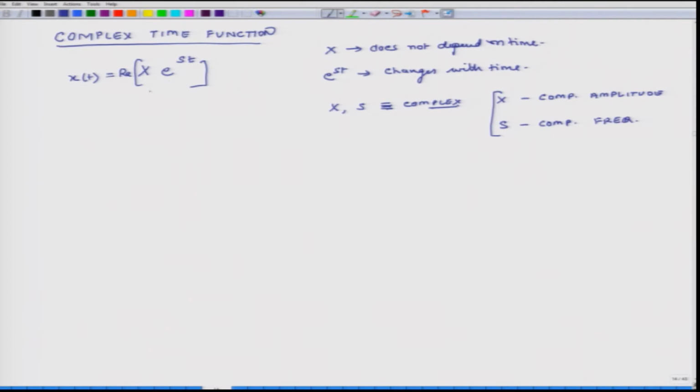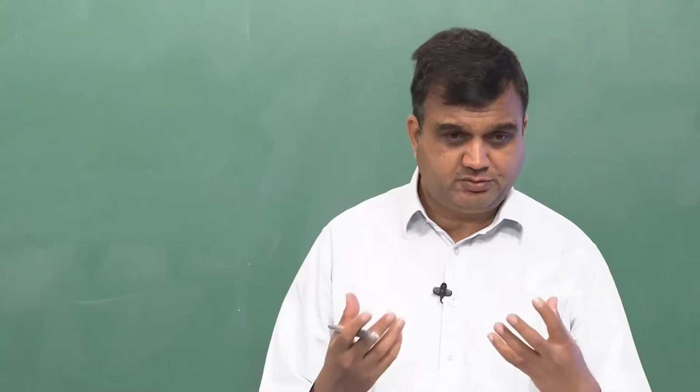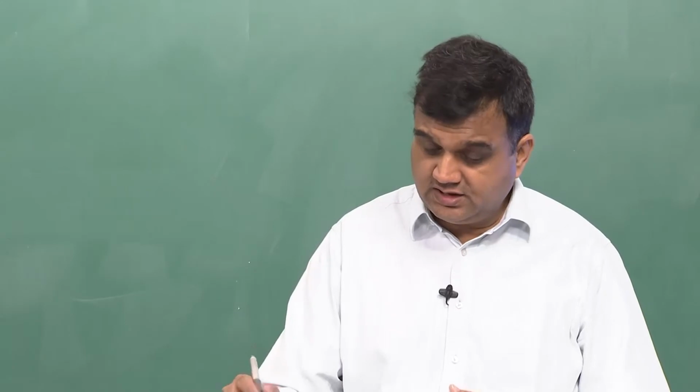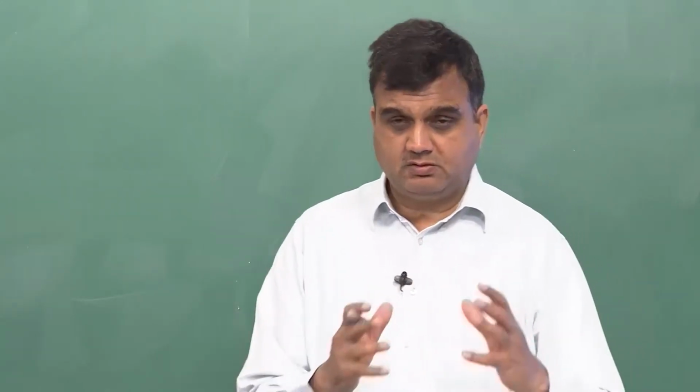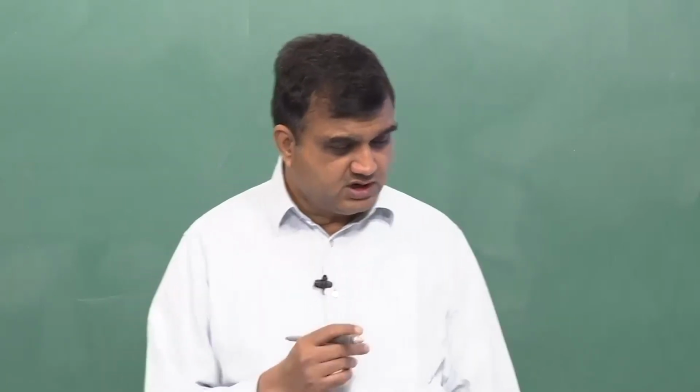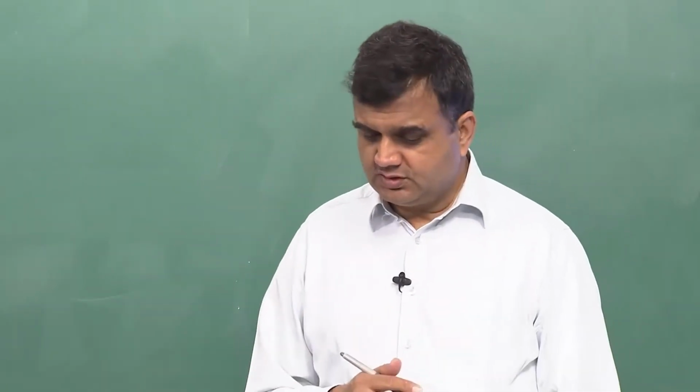If this represents the complex time function for acceleration, then small x will be the actual acceleration as a function of time. If the thing in brackets represents the complex time function for pressure, then small x as a function of time will be the actual, real, physically measurable pressure, which we will measure at a point of time.